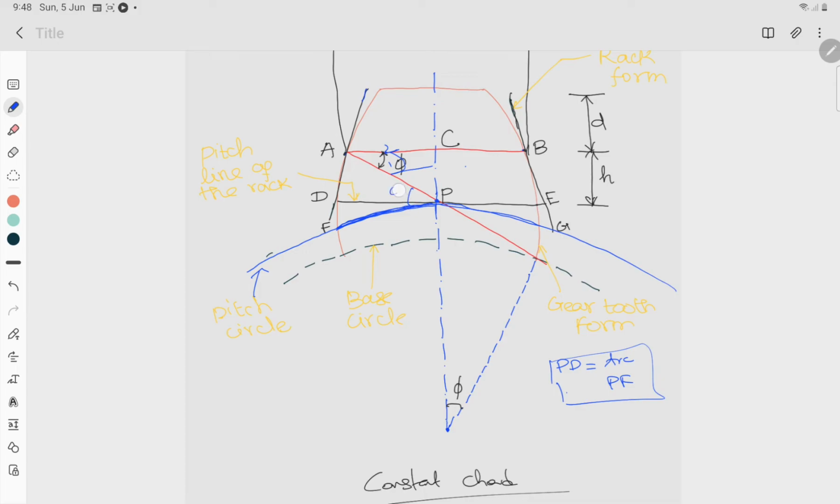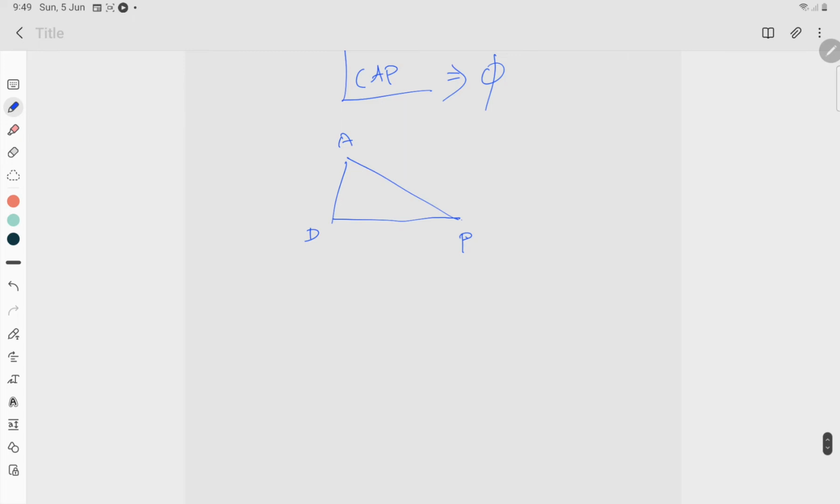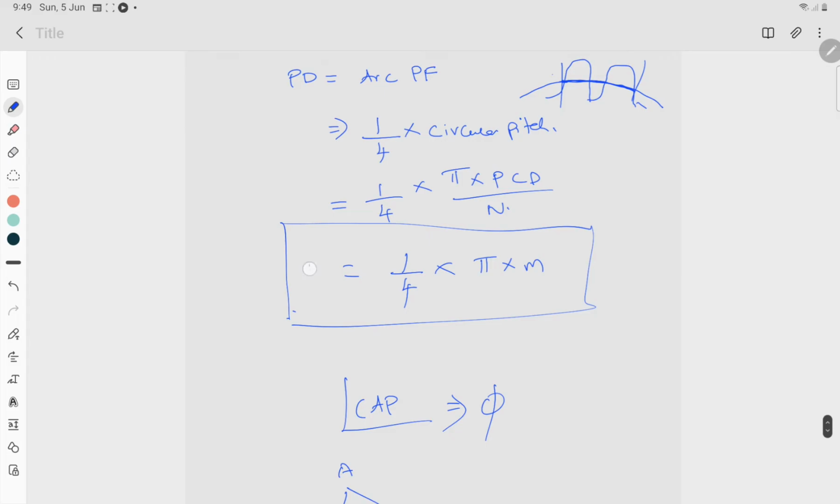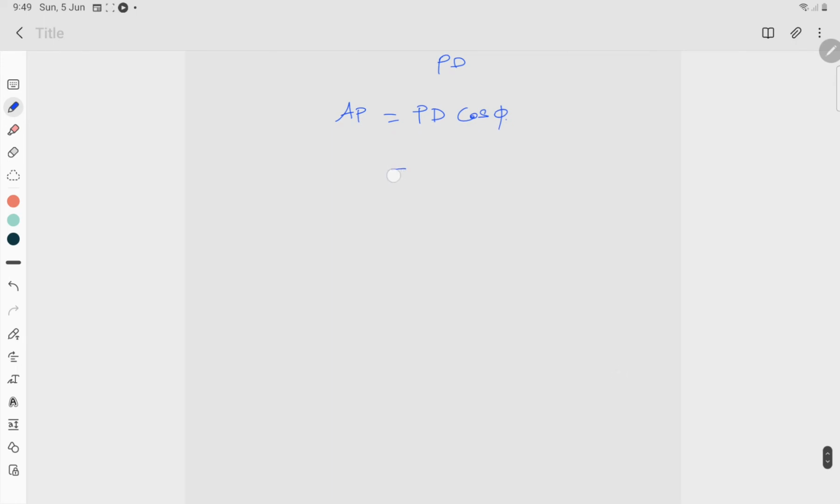This angle is phi, hence this angle also will be phi. Let's find cos phi, which is nothing but AP by PD. So AP will become PD cos phi. We have already found out what PD is here. PD is nothing but pi m by 4. Replacing it, AP is pi m by 4 cos phi.